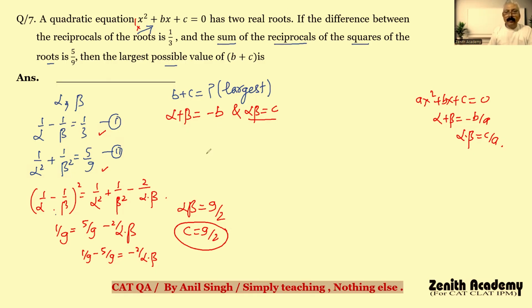Okay, now find the value of b. For this, if I take 1 upon alpha plus 1 upon beta whole square, this will be 1 upon alpha minus 1 upon beta whole square plus 4 upon alpha beta.